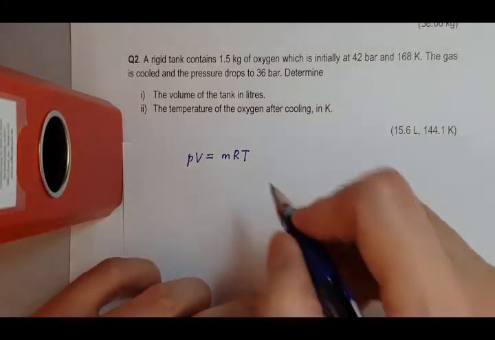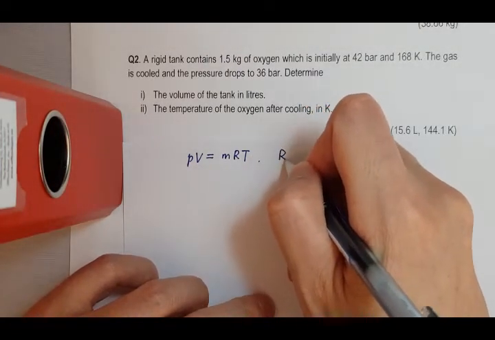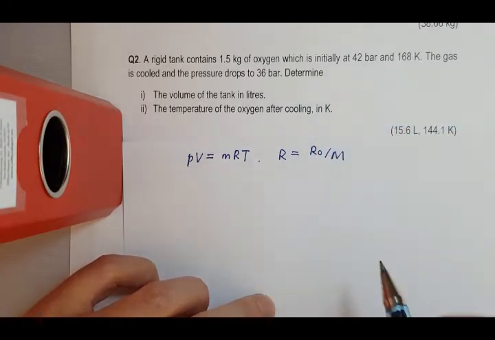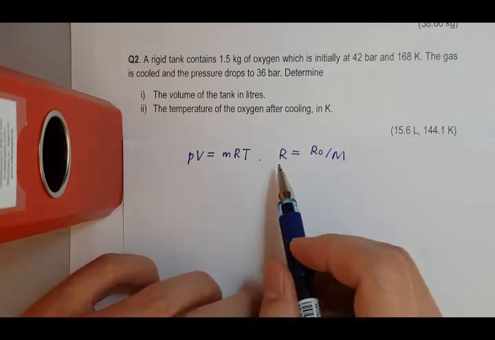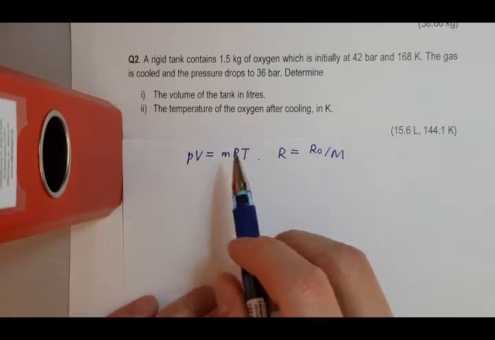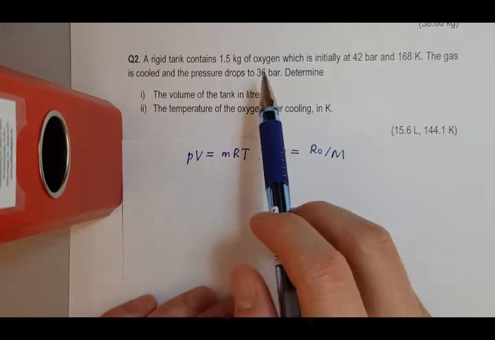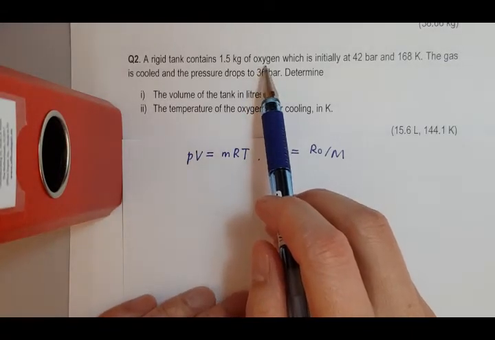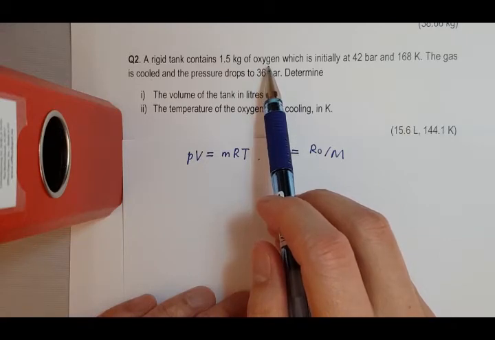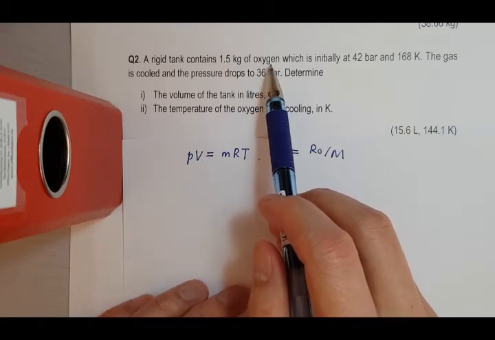Then we need another equation, R is equal to R0 divided by M, to find the specific gas constant. Depending on what gas it is, in this case oxygen, we know the molar mass of oxygen is 32 kilogram per kilomole, and this will be given to you.